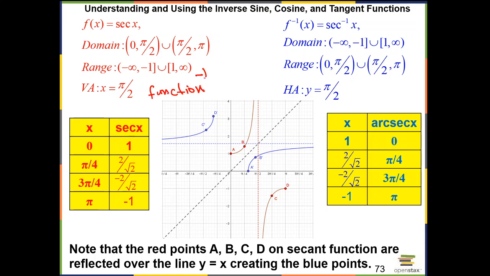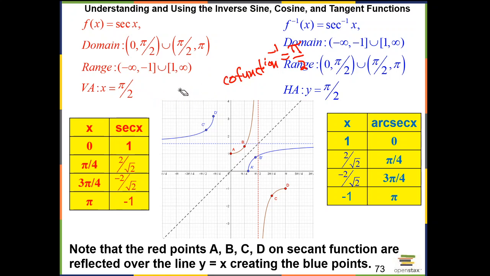Function inverse plus cofunction inverse equals pi over 2. That's true for tangent inverse plus cotangent inverse. It's true for sine inverse plus cosine inverse. It's true for secant inverse plus cosecant inverse. These are all true, right?